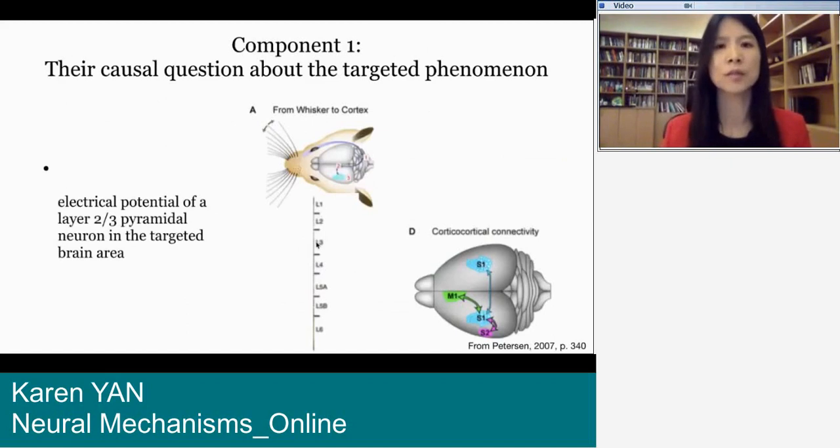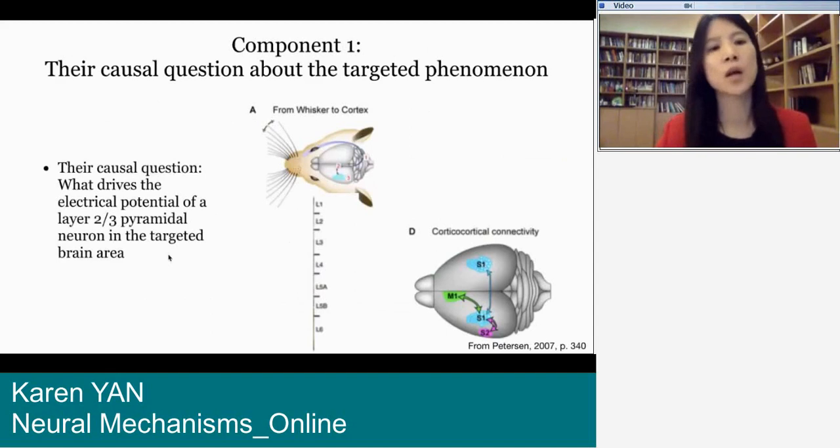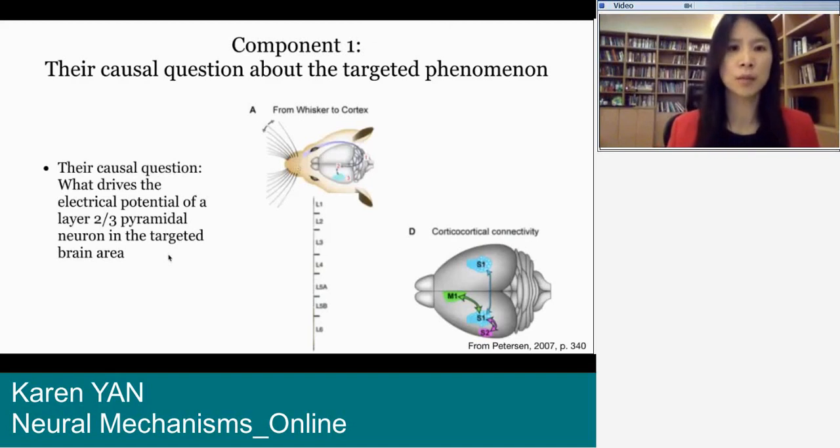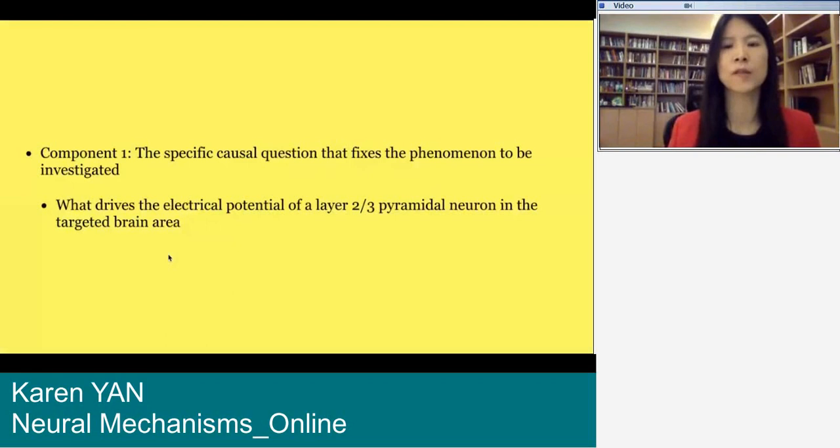So their target phenomenon is the electric potential of layer 2 and 3 pyramidal neurons in the targeted brain area. And their causal question is what drives the electric potential of this type of neuron in the target brain area. So to summarize, component 1 is this specific causal question that fits the phenomenon to be investigated.